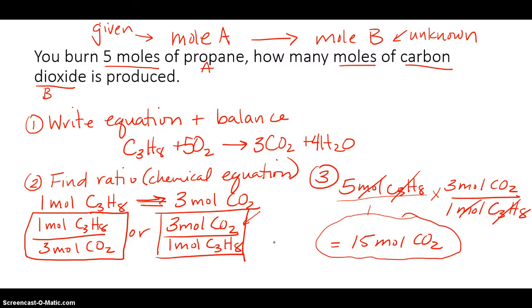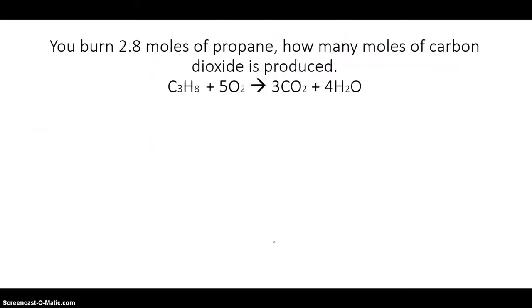Sometimes the numbers, though, are not quite as easy. So here's an example that's identical to what we've just done, but now the mole number is maybe a little bit different. So I have our balanced chemical equation. I'm going to work on step number 2 because I've already completed writing and balancing the equation.